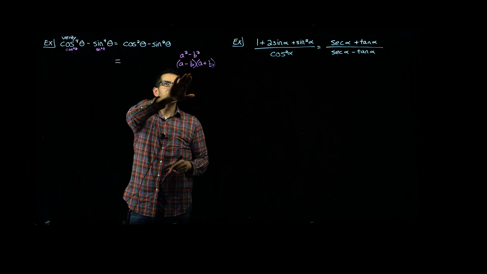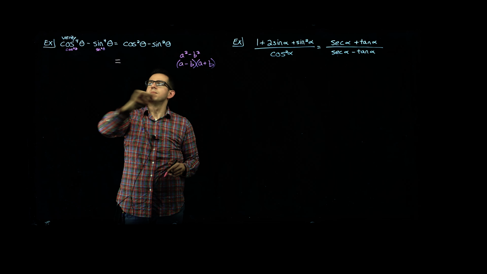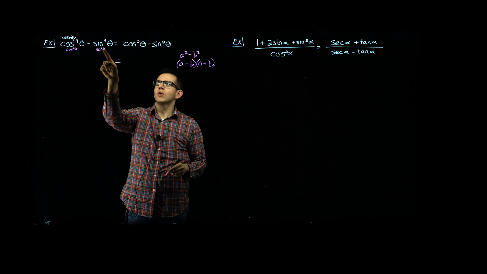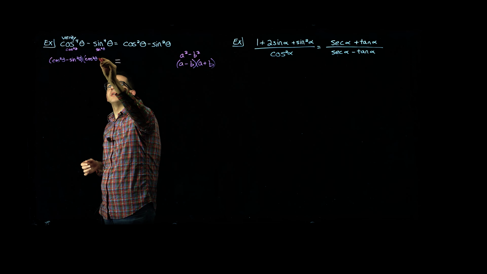So using this formula, with a being cosine squared theta and b being sine squared theta, we will get cosine squared theta minus sine squared theta times cosine squared theta again plus sine squared theta.